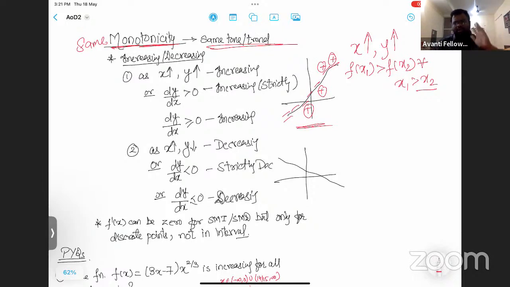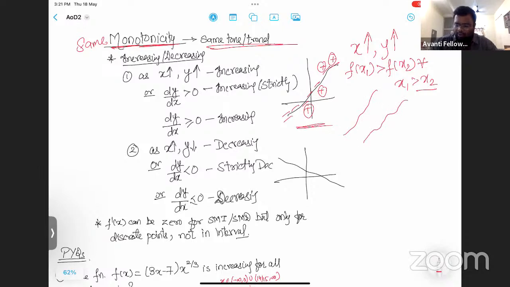Now there are two things: strictly increasing and increasing. Strictly increasing means at no point will two values become equal, meaning f(x1) and f(x2) are never equal. In simply increasing, they can be equal at some point. There are two graphs.